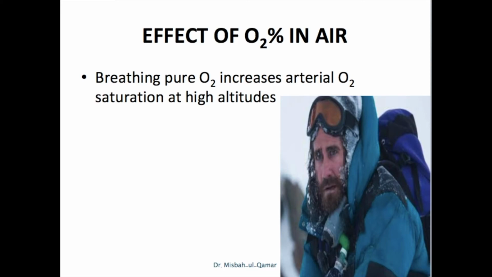Well, you should know that at the summit of Mount Everest, only the best of acclimatized people can barely survive when breathing air. Although the situation is very different when the person is breathing pure oxygen, because breathing pure oxygen increases arterial oxygen saturation at high altitudes.